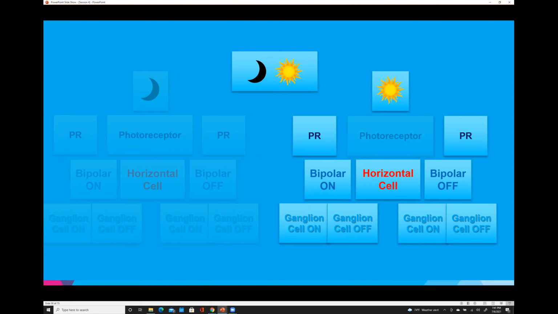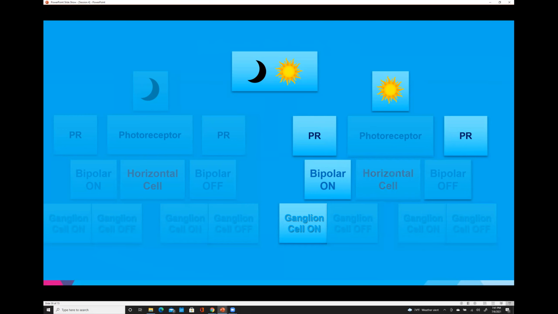And then ganglion cell on or off, which one is active in a light state? The ganglion cell on. Okay. And then is the horizontal cell active or inactive when the central photoreceptor is inactive? It is inactive. Good. And the surrounding photoreceptors, are those active or inactive now? They're now active. Right. So you got this schema.